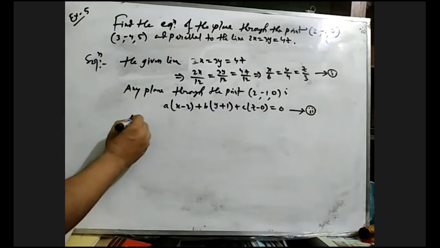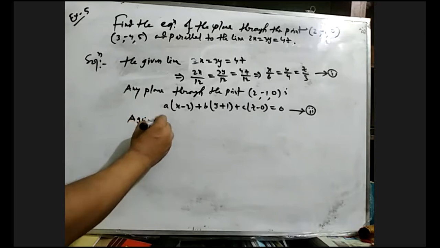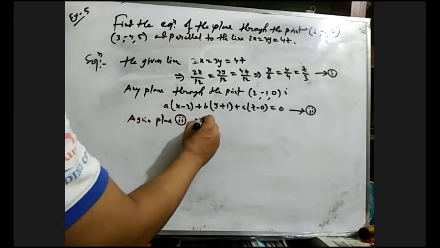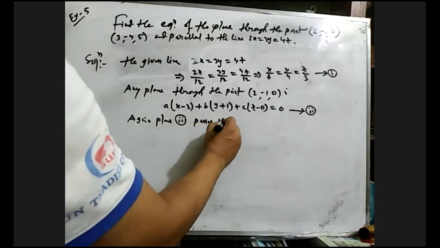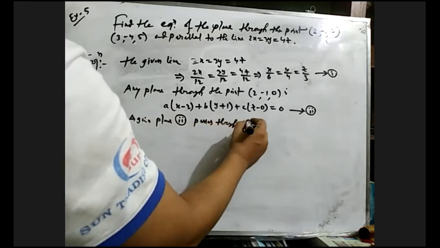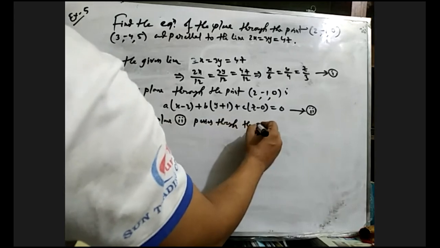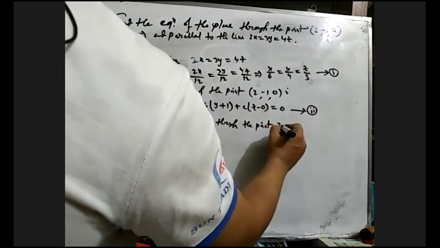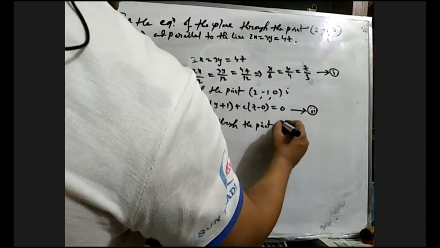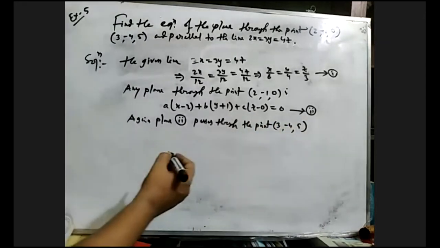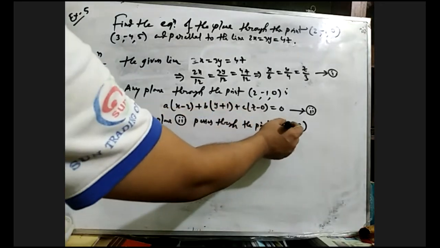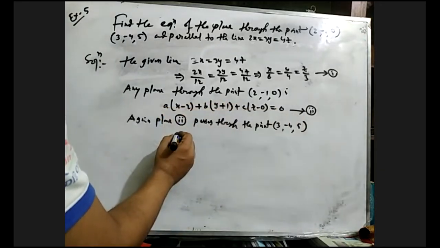Again, plane 2 passes through another given point (3, -4, 5). So we can write in place of x, y, z: x = 3, y = -4 and z = 5.